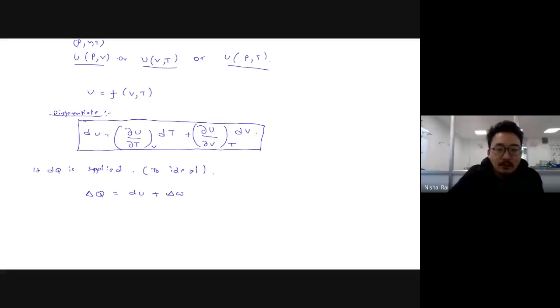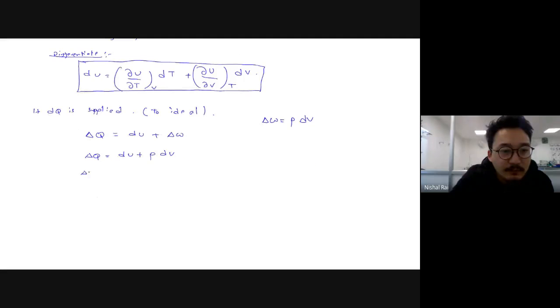And you know the work done, delta W, is P into dV. So delta Q you can write as dU plus P into dV. Clear?